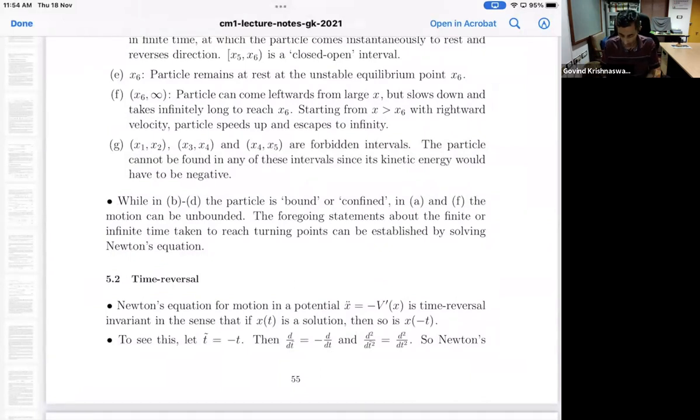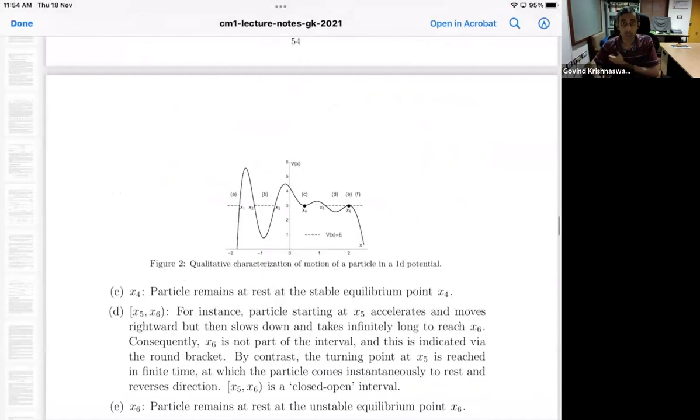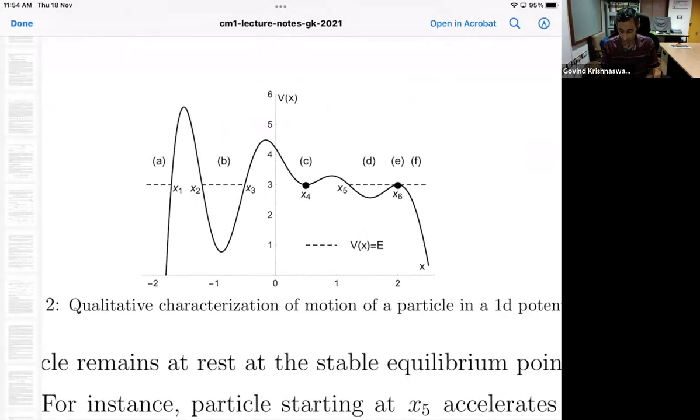Last time we had discussed motion in one dimension subject to a conservative force described by a potential, and we were looking at the kinds of qualitative motion that can result. This example has many of the possibilities.